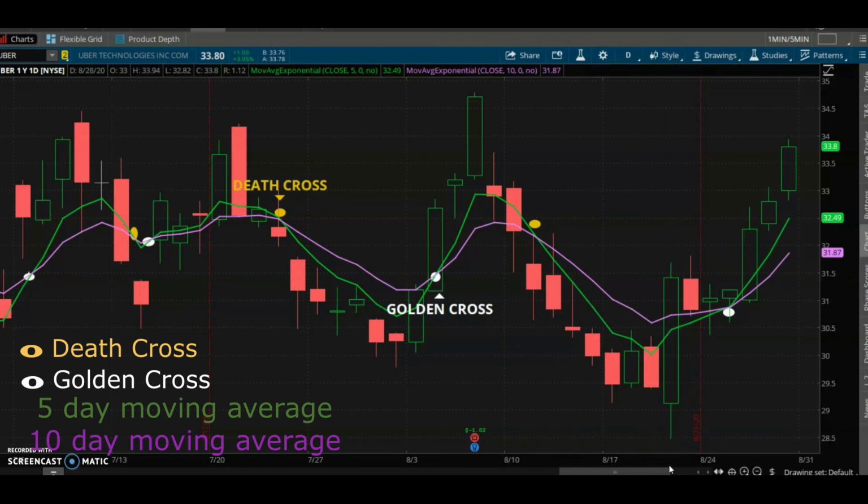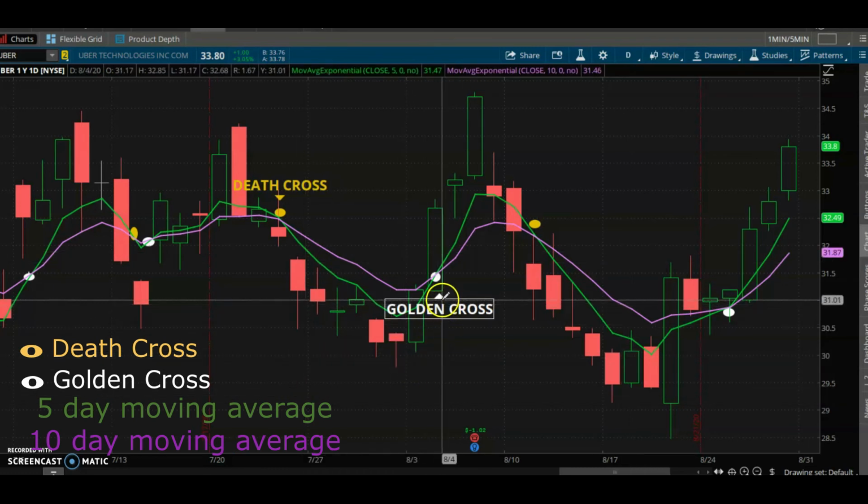Again, your death cross is a good indication that price action is going to decrease. Your golden cross is a good indication that price action is going to increase. And each of these indicators can be used to confirm entry into a trade as well as exits out of a trade.